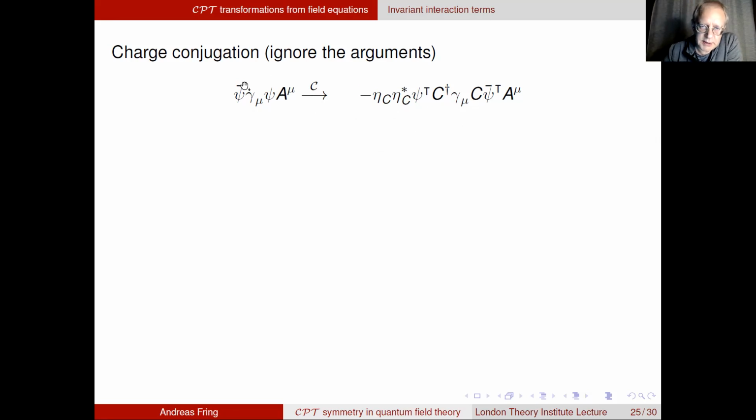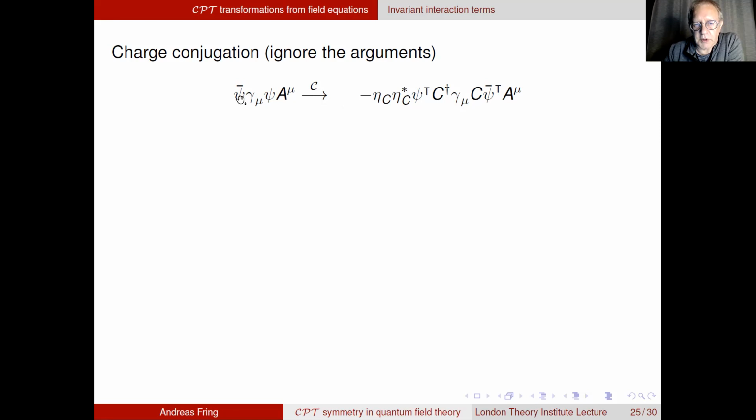So let's carry out the charge conjugation. And I replace here the psi bar by eta c, psi transpose conjugate, and then the c conjugate gamma mu c. This comes now from the right-hand side, gamma bar transpose, and the a goes just to a.